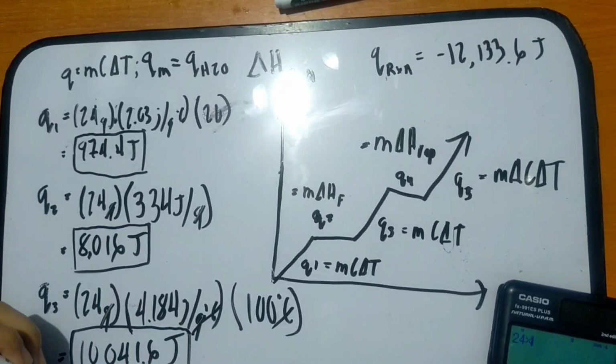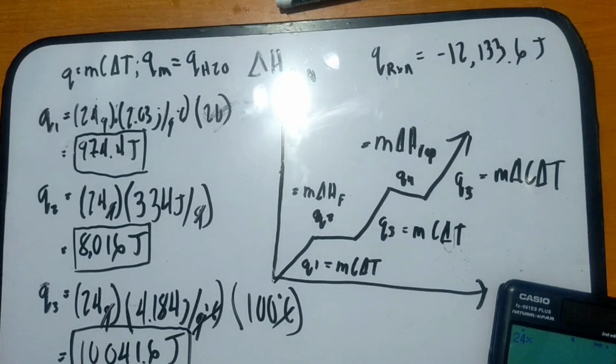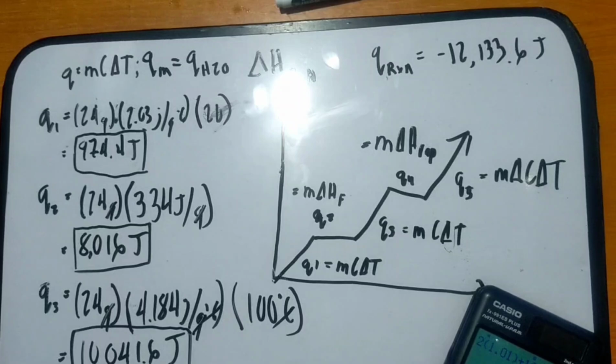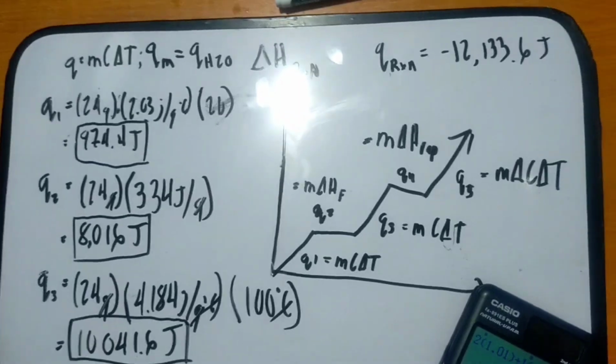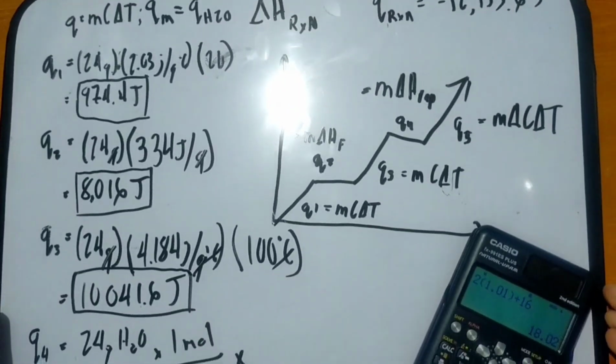So, ang stoich natin dito is here, 24 grams of H2O, right? Times 1 mole of 18.02 grams. Di pa pala kita, sorry, hindi mo napakita.